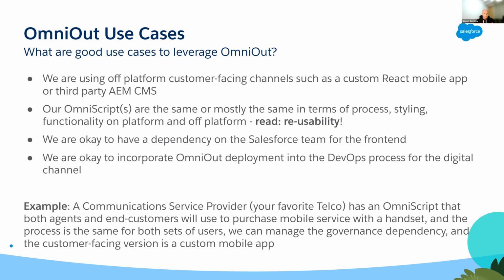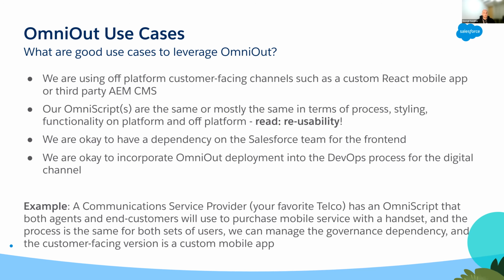And then from a DevOps perspective, the Salesforce team is going to be the one that's developing the OmniScript and implementing the OmniScript. So it introduces a dependency between your mobile channel or the web server and Salesforce. So you need to be okay to have that dependency.